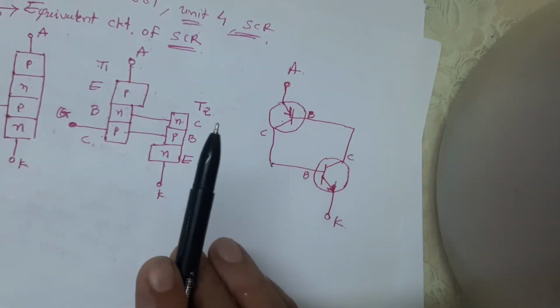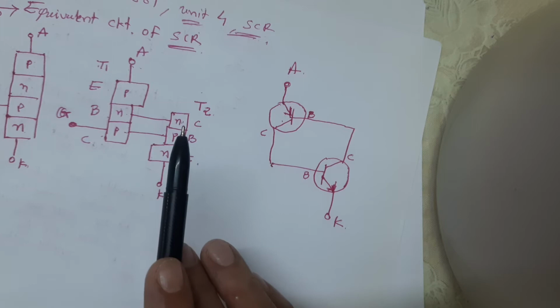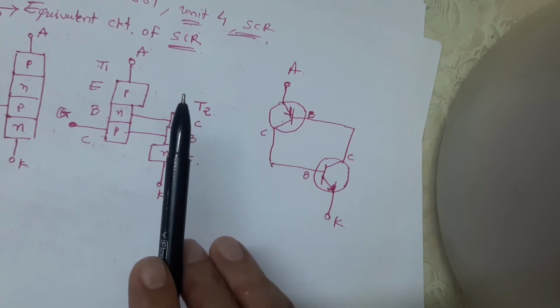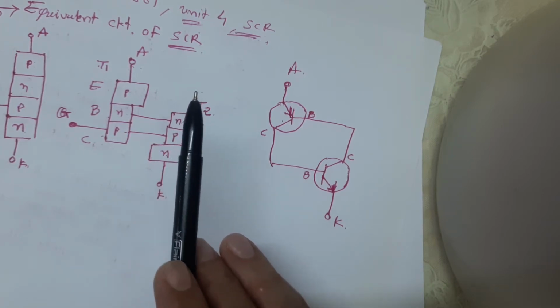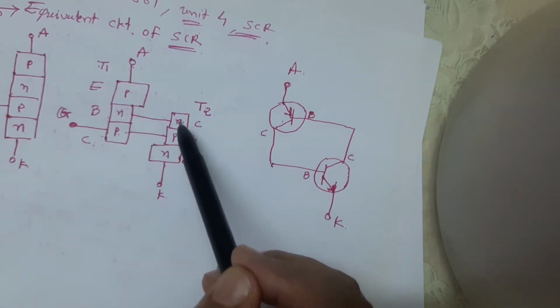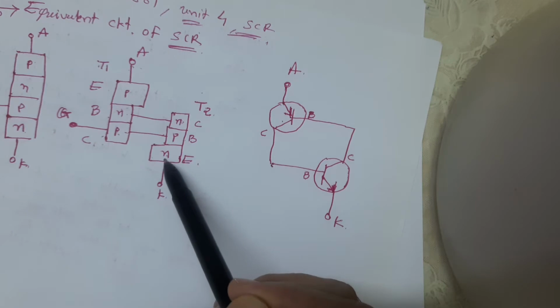The SCR shown in the above figure can be visualized as separated into two transistors as shown in the figure. Hence, the equivalent circuit of SCR is composed of a PNP transistor and an NPN transistor connected as shown in the figure.